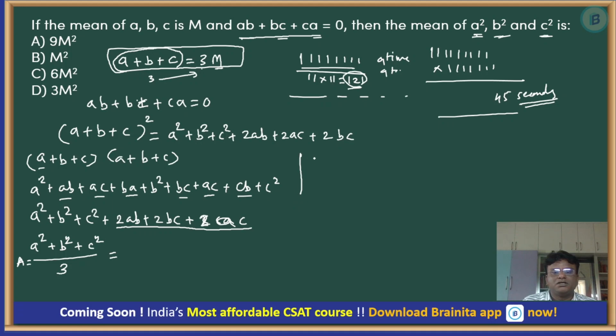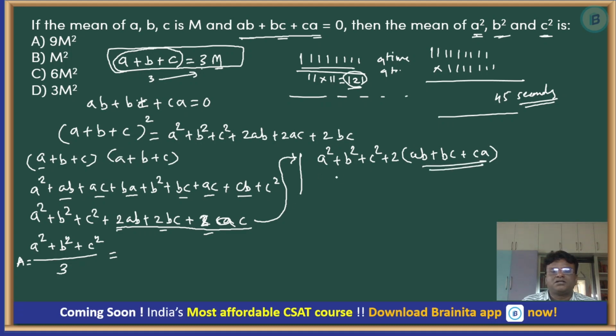Let me take this term here again. I'm rewriting this as A square plus B square plus C square plus 2 into AB plus BC plus CA. I took the 2 common out. Now we know that the value of this is 0.